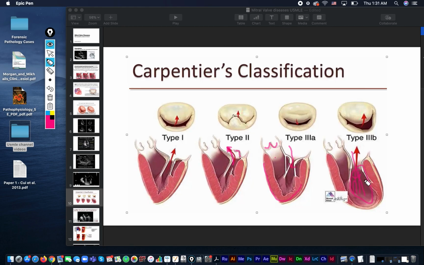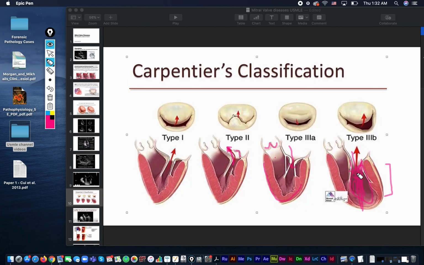What happens is the opening of the valve is fine, but because the length of the chordae tendineae and papillary muscle remain the same, but the diameter from posterior to anterior enlarged, it's hard for those leaflets to close, for both of them to close during diastole.